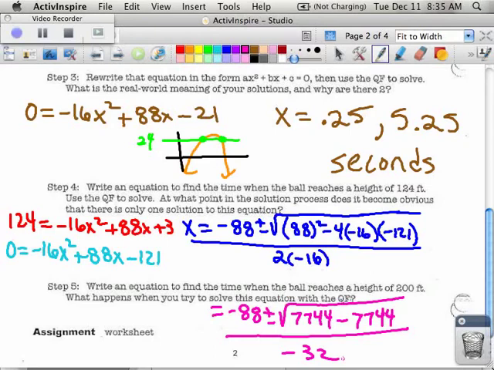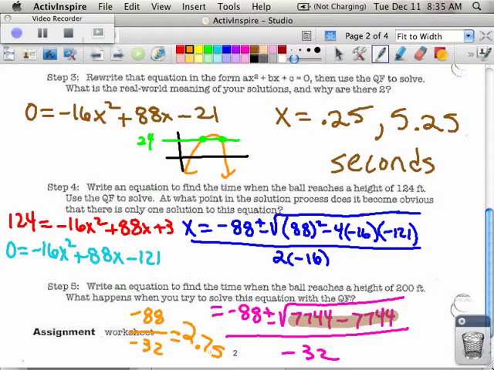So the cool part, I guess, as you're looking at this, is the stuff that's on the inside cancels out. You don't even have to worry about that. And then you just have to take 88 divided by 32. Negative divided by negative would be positive. And my final solution then is whatever negative 88 divided by negative 32 is, or in other words, 2 point something? 2.75, thank you.